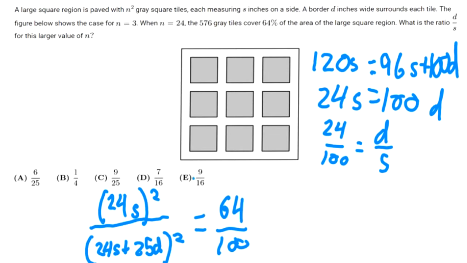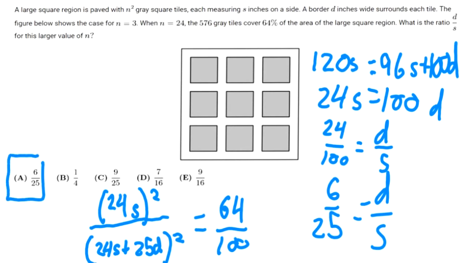And if we cross multiply this and put this into an equation, we will get 120s equals 96s plus 100d. And simplified more, we get 24s equals 100d, which is 24 over 100 equals d over s. And now we just have to simplify this, and it's asking what d over s is. So d over s equals, simplified, 6 over 25. So our answer is A, 6 over 25.